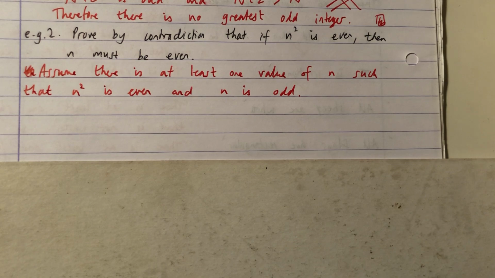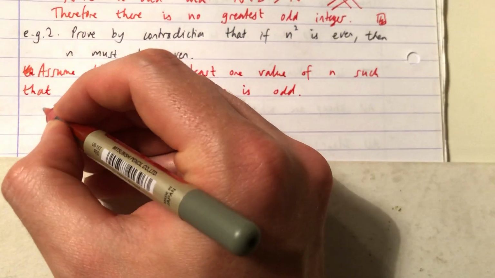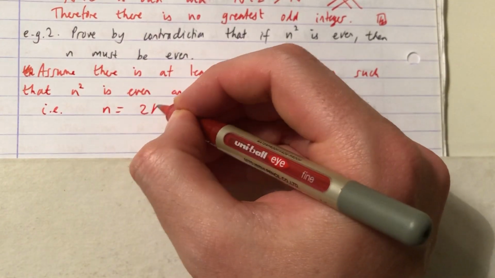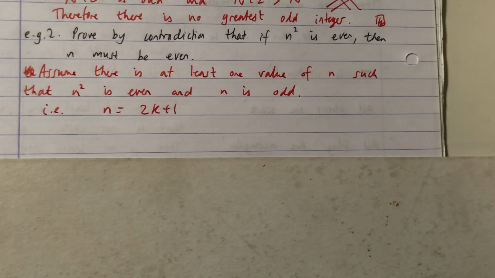In other words, n is equal to 2 times something plus 1. That means n is odd. That is the definition of an odd number.